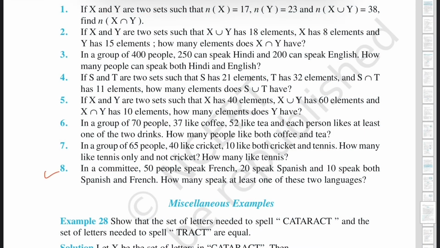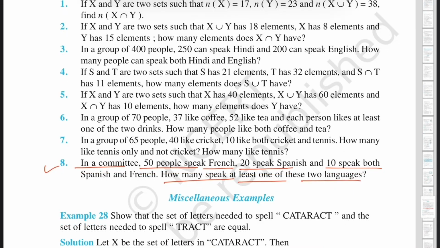Our last question is question number 8. In a committee, 50 people speak French, 20 speak Spanish, 10 speak both. So we need to find how many speak at least one of these two languages. Here we can consider F be the set of people who speak French, and S the set of people who speak Spanish.